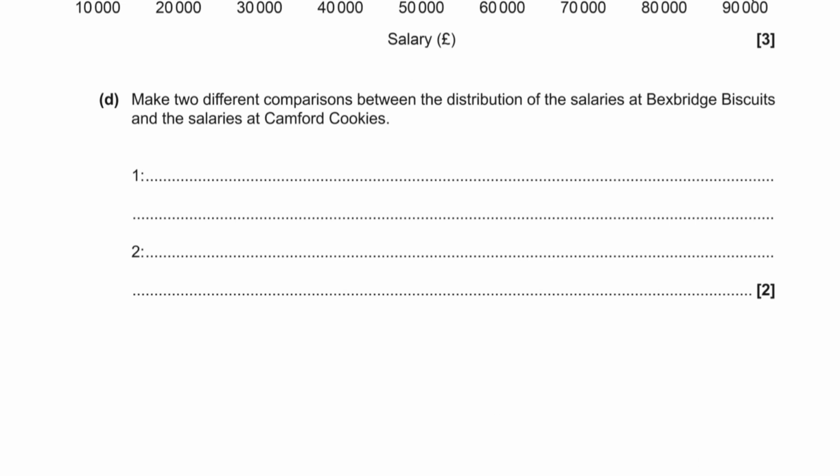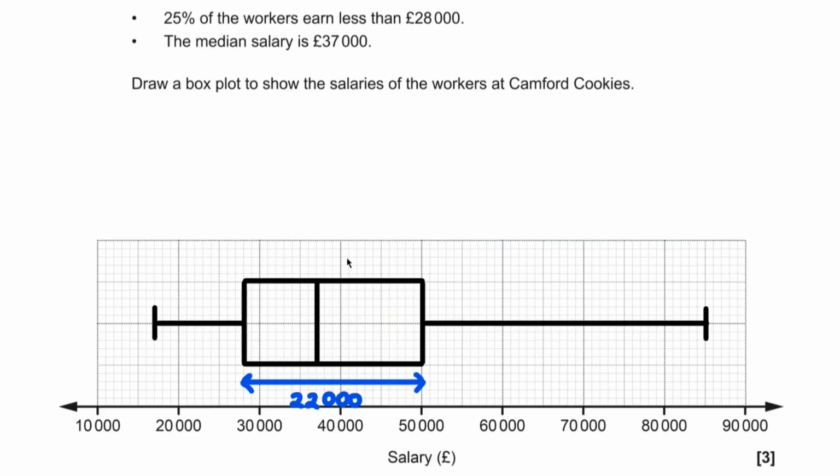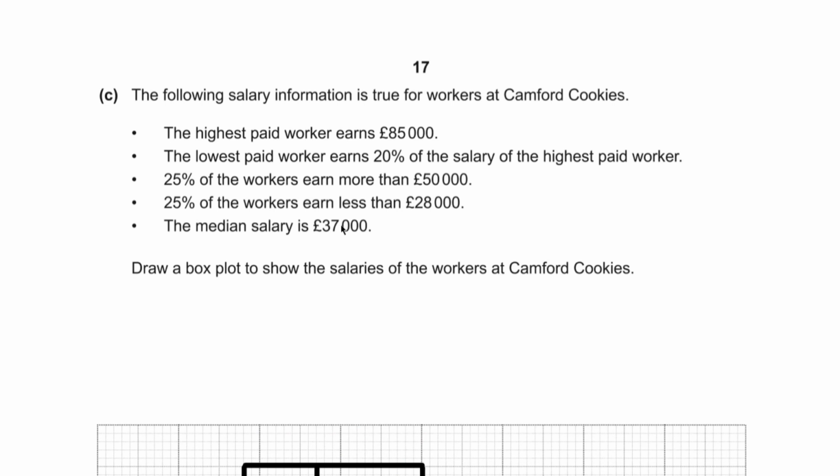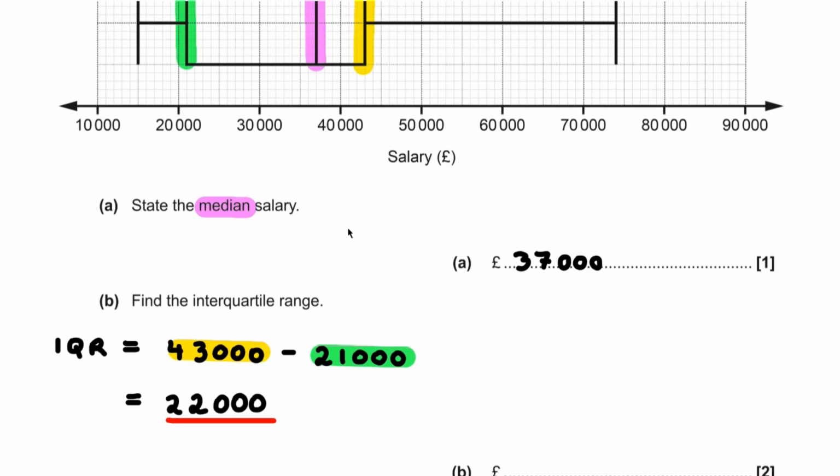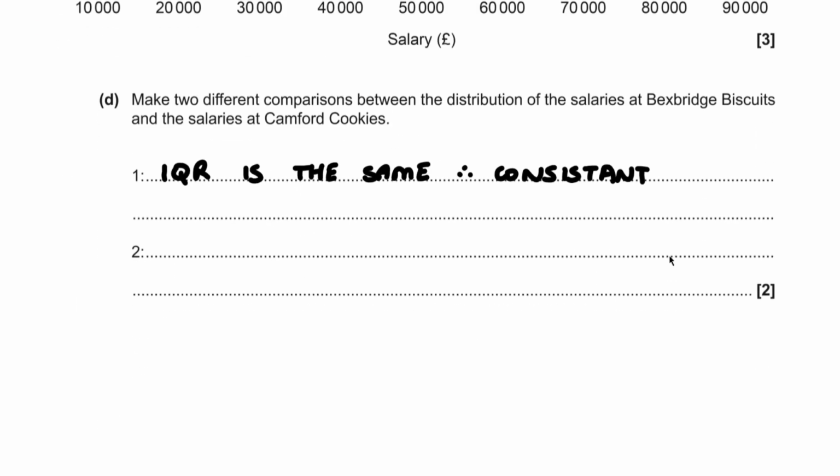So the interquartile range is the same, so they've got the same consistency. And we know that the median is 37,000 for Comfort, and the median here was 37,000. So both have a median of 37,000.